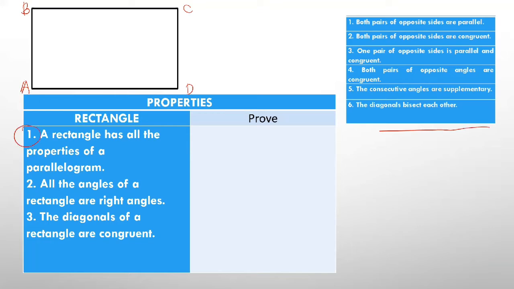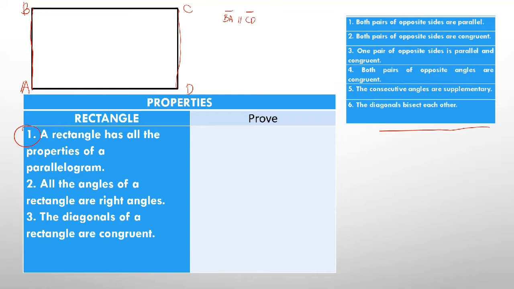So these are the properties of parallelogram for our first property of the rectangle. So our rectangle should also have both pairs of opposite sides that are parallel. Okay? So therefore, we have here that the first opposite side, line BA, is parallel to line CD.